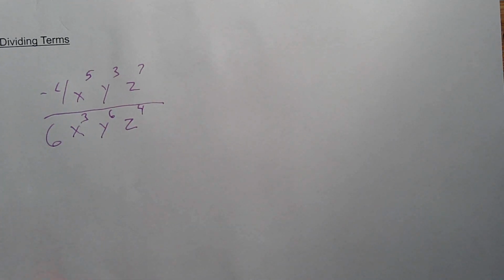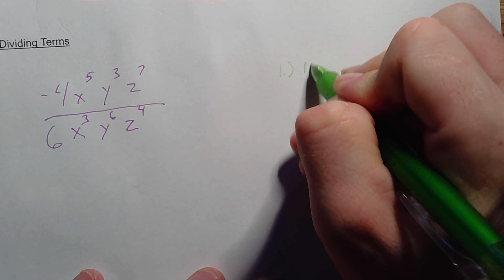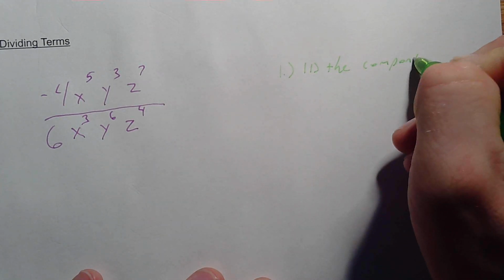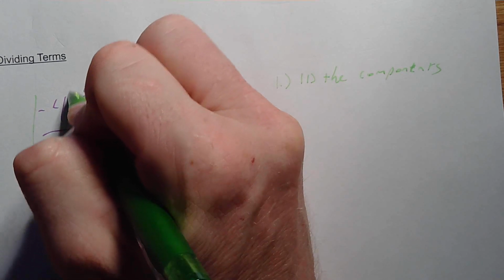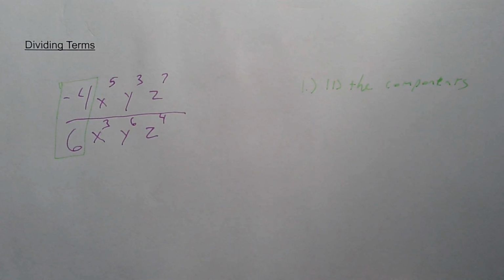Okay, we'll do that. So, again, step 1, ID the components. Components. All right, we have our coefficients, 4 and 6.